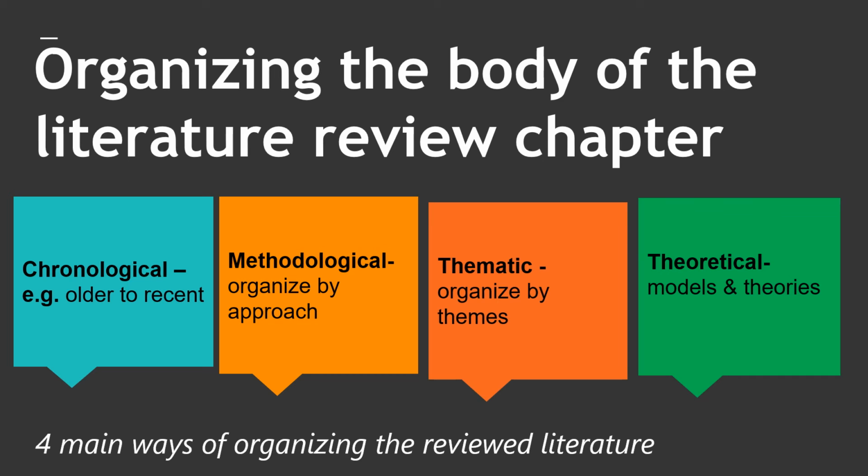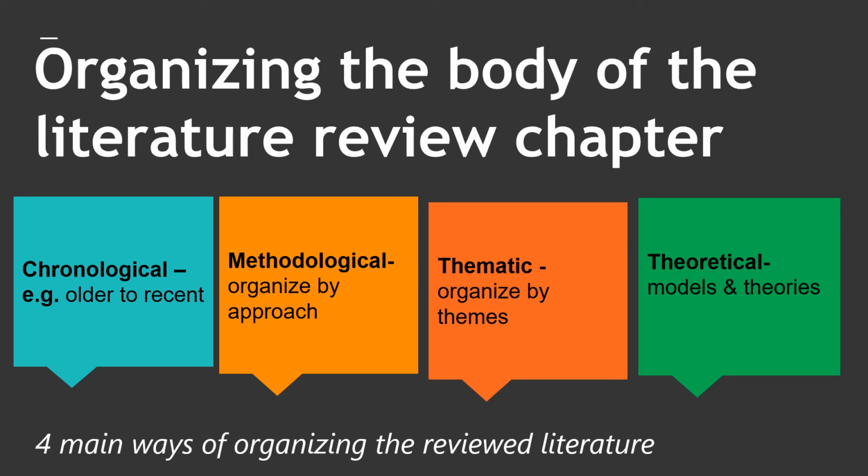So when it comes to the actual writing of your literature review, there are four main ways in which you can organize the body of the literature review chapter. It can be chronologically. This is where you organize the review from older manuscripts to more recent articles.